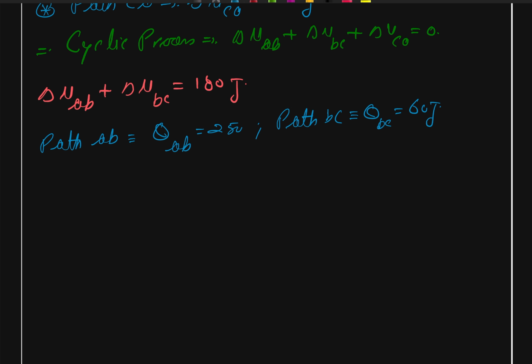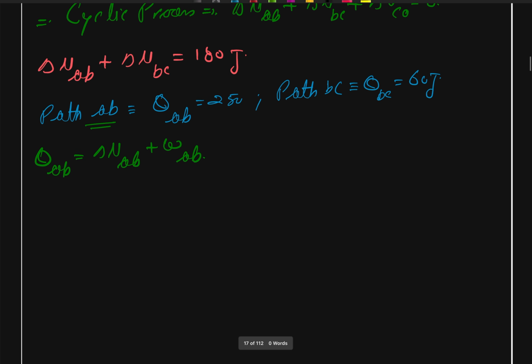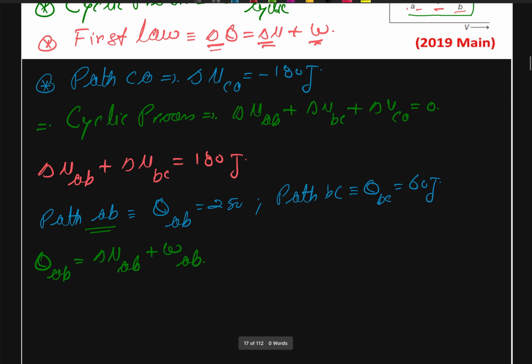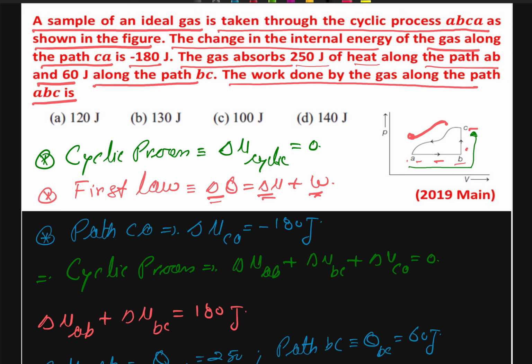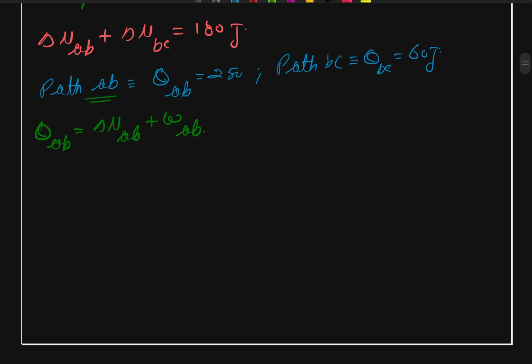Similarly for path AB, we can write QAB will be equal to delta UAB plus work done for AB, and QAB is 250. So we can write this as 250 is equal to delta UAB plus WAB.